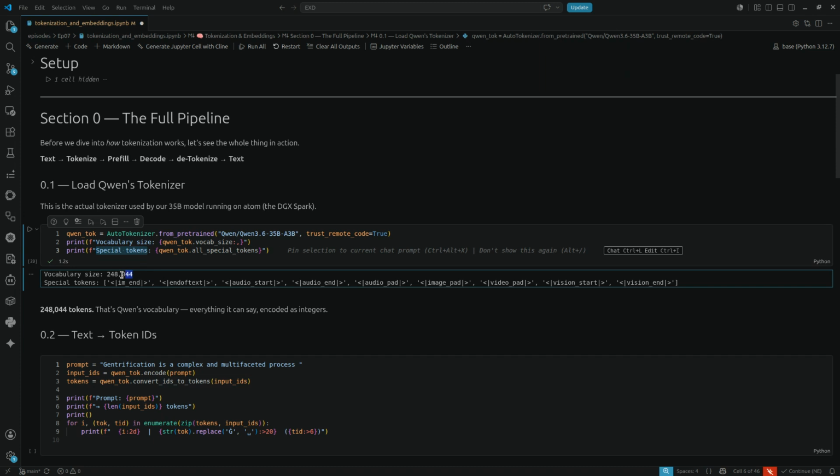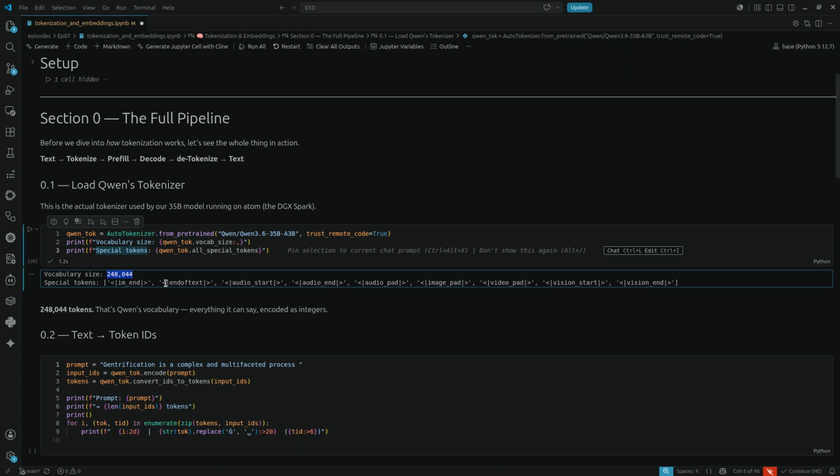The vocabulary size of the Qwen tokenizer is 248,044 tokens. So this means anything that we enter, in multiple languages actually, is represented by these 248,044 tokens.